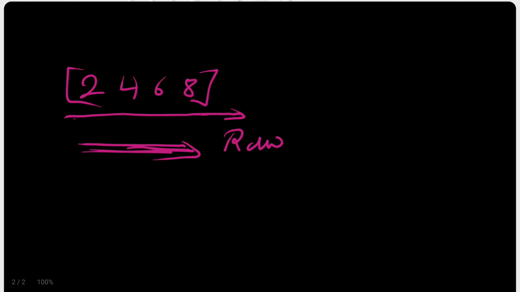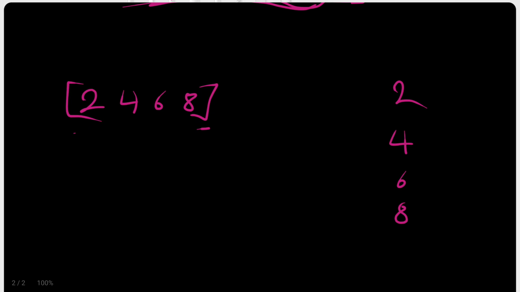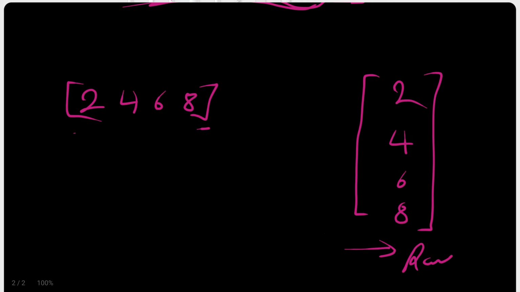Okay, and if I plot the same numbers like that, 2, 4, 6, 8, and I ask you, is this a row matrix? No, it is not a row matrix. The numbers are coming like that. It is a climbing type.